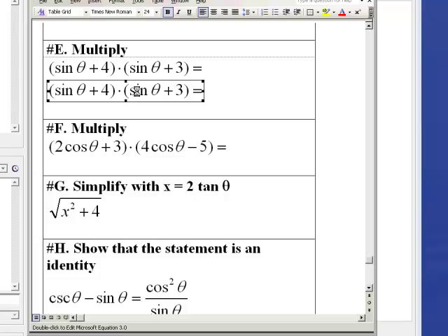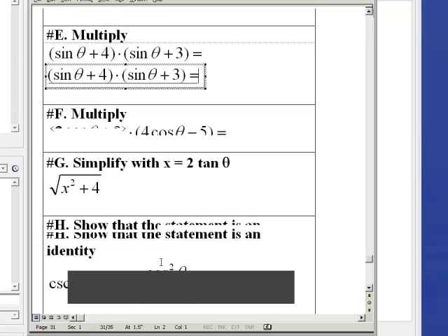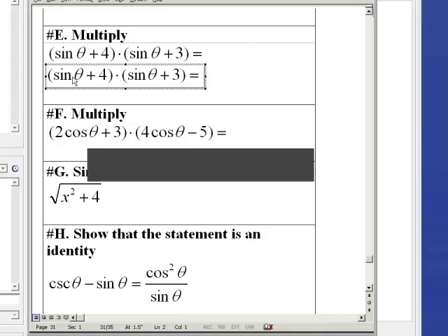As we multiply here, let's see, my equation editor tries to open. There it is. We're going to come up with sine squared, of course.